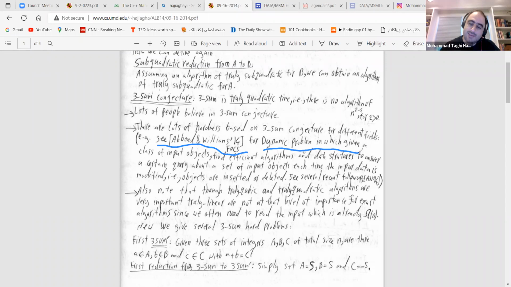Like this class in some sense is an advanced algorithms class where we talk about very different areas of algorithms, and we talk about some upper bounds or some algorithms, and we focus mainly on the lower bounds after that. But dynamic algorithms are very important. In dynamic algorithms, you know that the input comes one by one. So you don't have the whole graph, for example, or the whole set at the beginning.